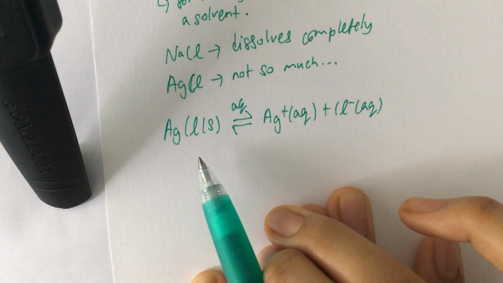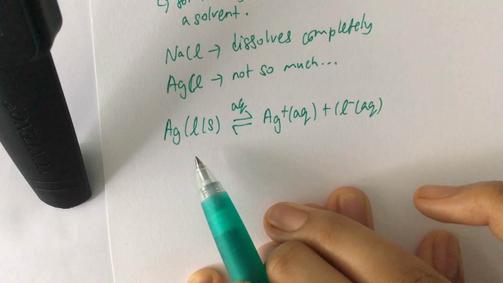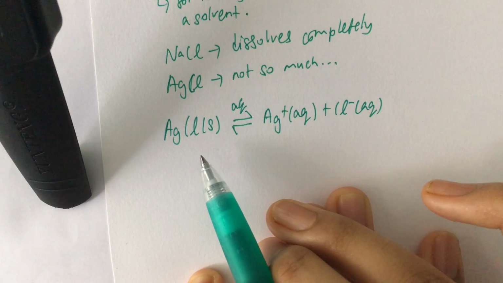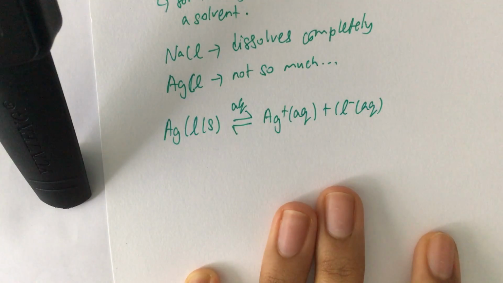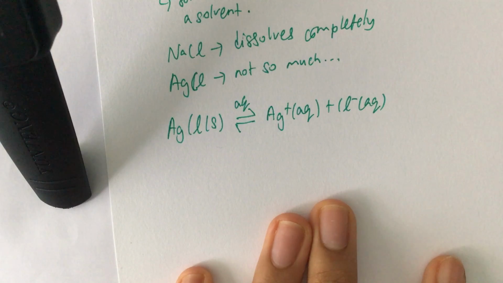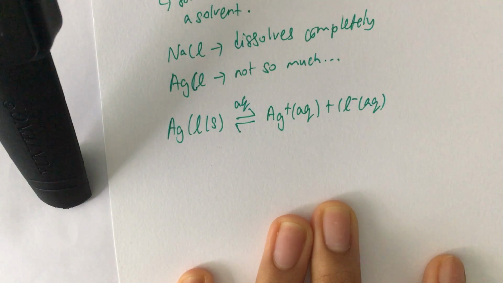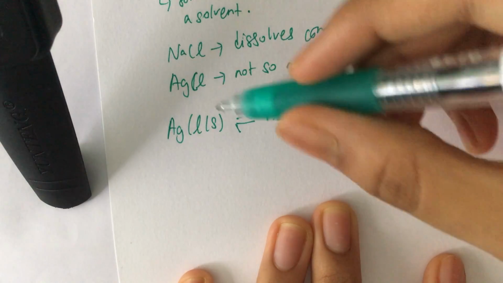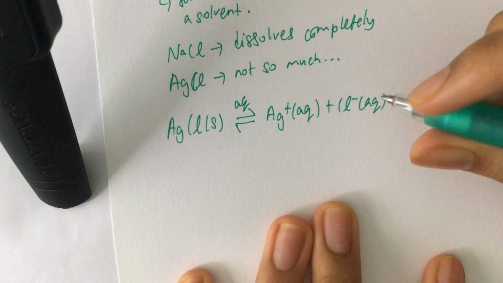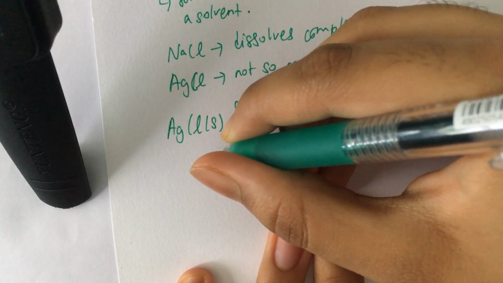Silver chloride obviously doesn't dissolve very well. You can say that there is a very small dissolution of silver chloride, but most of it doesn't dissolve in plain water.